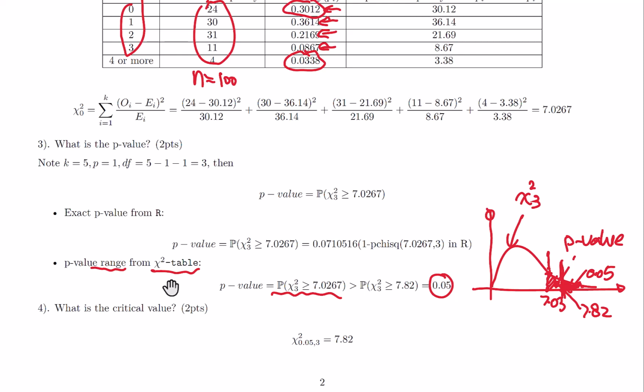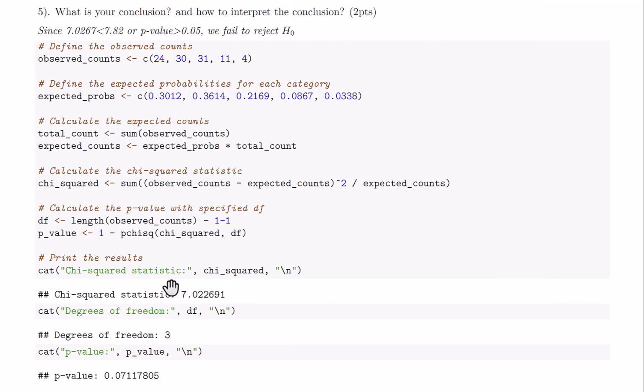In this case, you can see this is exactly the p-value from the R code. Use this one in R, okay? This is the code. And the critical value, you can get this number directly from the chi-square table. All right, what is the conclusion? Of course, either by the critical value or the p-value, we fail to reject the null hypothesis.